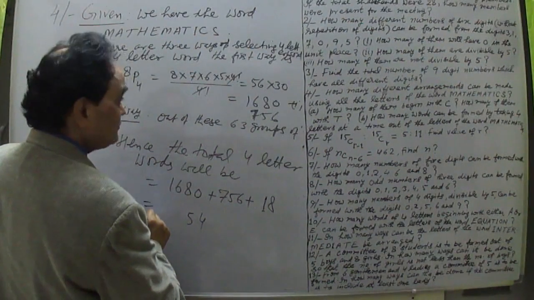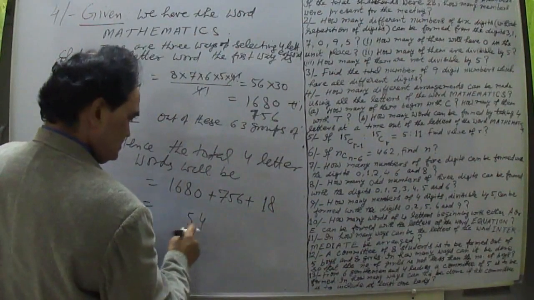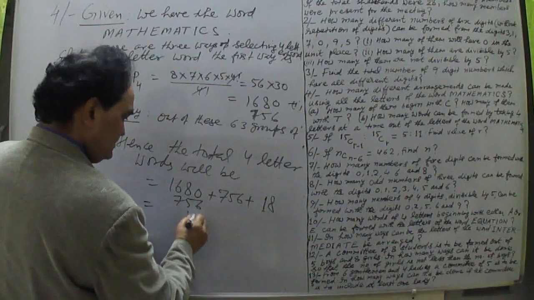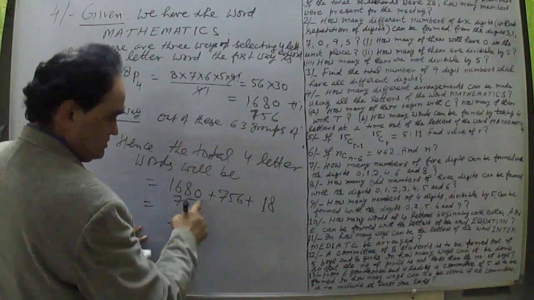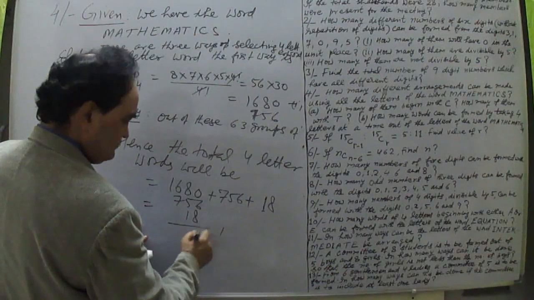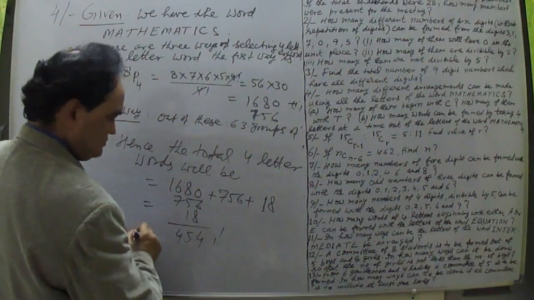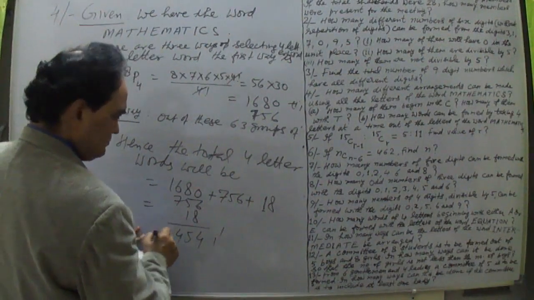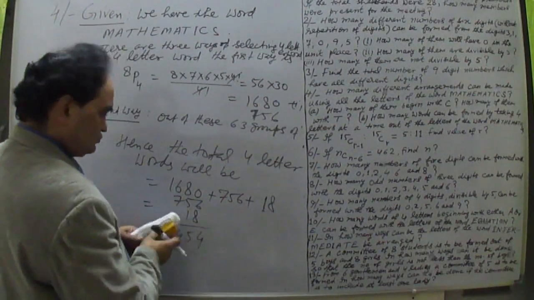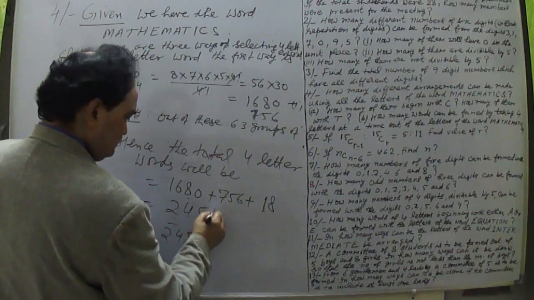Sorry, something is missing, 756. So if I just add them, let me keep them this way, 756 and this is 18. Now let me add them. This is 8 plus 6, 14, 4, 1 carry, 8 plus 5, 13, plus 1, 14, 15, 5, 1 carry, 6 plus 7, 13, 1, 14. Okay, 14, no problem. And to 24, 54. Exactly. So this is 24, 54. Total letters are, this is the answer, 24, 54.